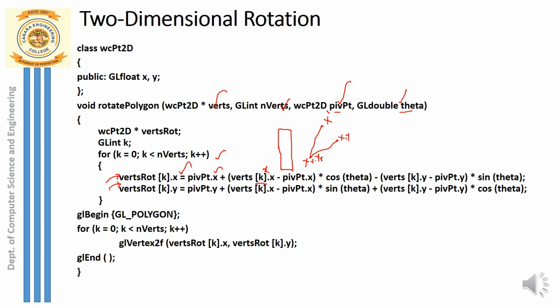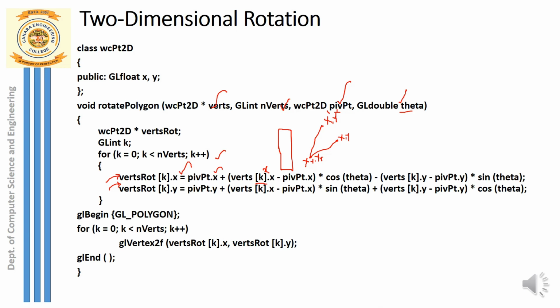And now y dash, how are you computing the rotated point? The y coordinate of the pivot point, given by yr, plus the x coordinate of the old point minus xr into sin theta, plus the y coordinate of the old point, given by y minus yr, into cos theta. This is how we compute x dash and y dash, that is the rotated point, and many such points you will have in the polygon.